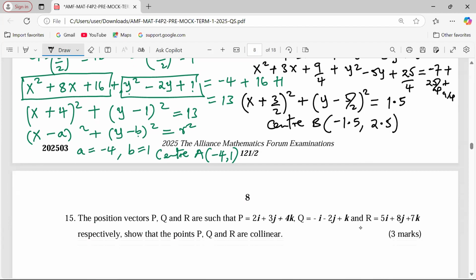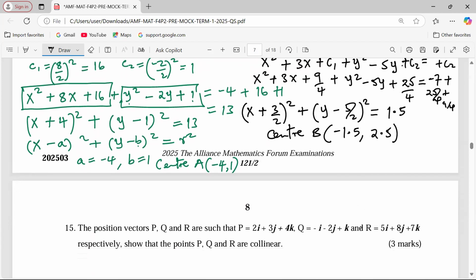So from A to B, what is the distance now? Distance from A to B. We're supposed to find, first of all, the vector there. The vector AB is going to be B, so negative 1.5. Let me write it as a column vector.